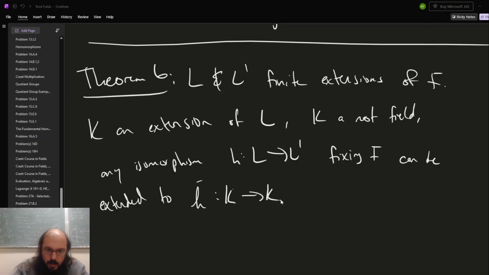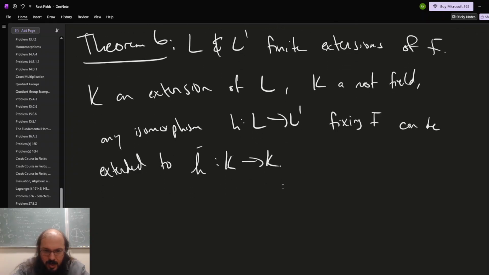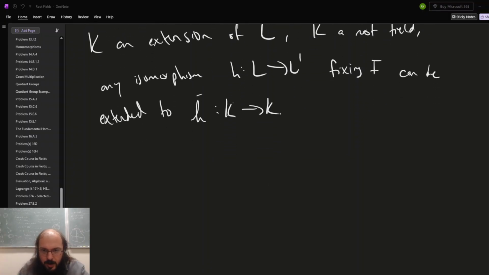Okay. The proof of this, it's just a couple sentences. From our second theorem in characteristic 0, K is simple, right? So we take K, we write it as L(c). By the first theorem in this video, we extend the isomorphism h from L to L prime.